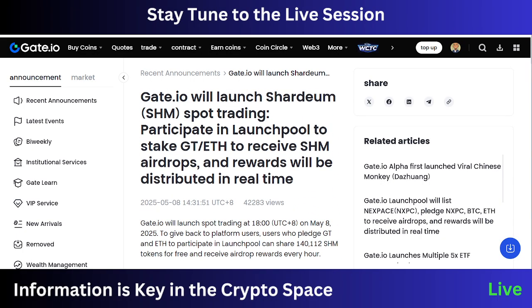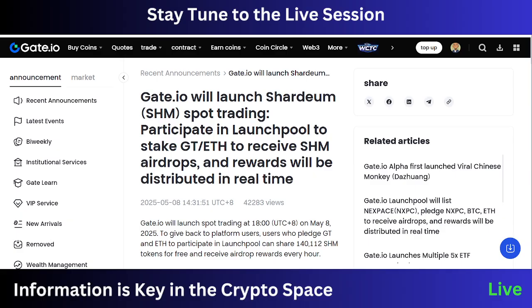As you can see, participate in Launchpool to stake GT and ETH to receive the SHM airdrop.